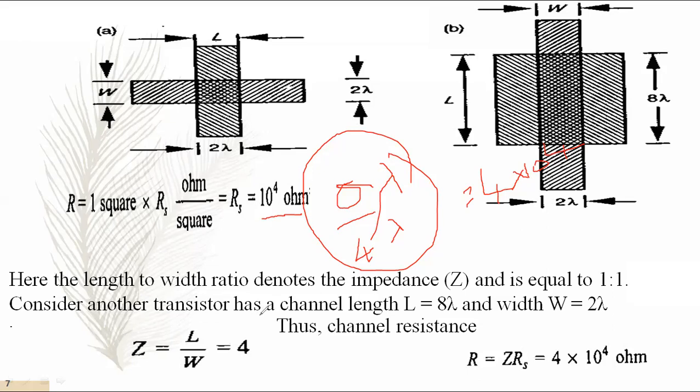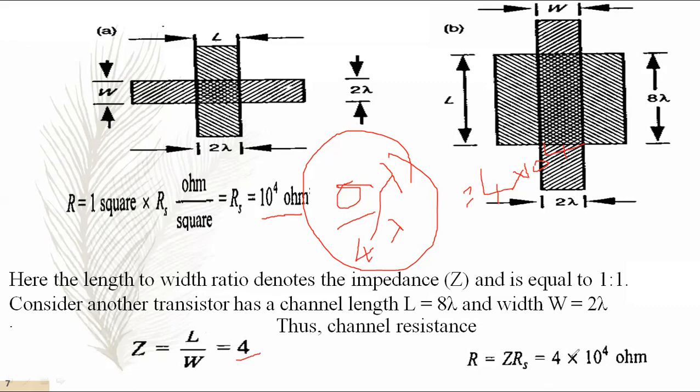Consider another transistor with channel length equal to 8 lambda and channel width equal to 2 lambda. Thus Z equals L by W, which is 8 lambda by 2 lambda, equal to 4. For that, resistance R equals Z into RS. RS is the sheet resistance, which is fixed at 10 to the power of 4 for an NMOS.